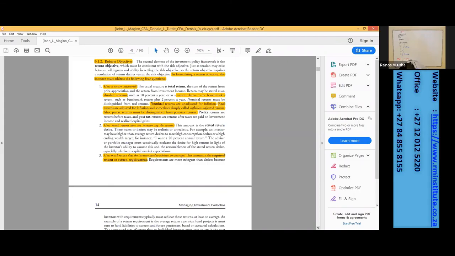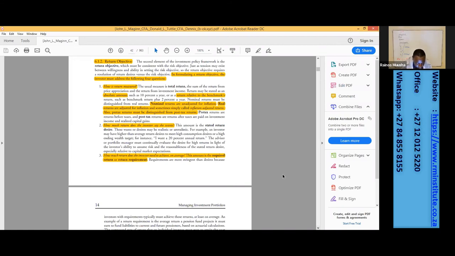Nominal returns must be distinguished from real returns, where nominal returns are unadjusted for inflation, and real returns are adjusted for inflation, and sometimes simply called inflation-adjusted returns. Also, pre-tax returns must be distinguished from post-tax returns as well.